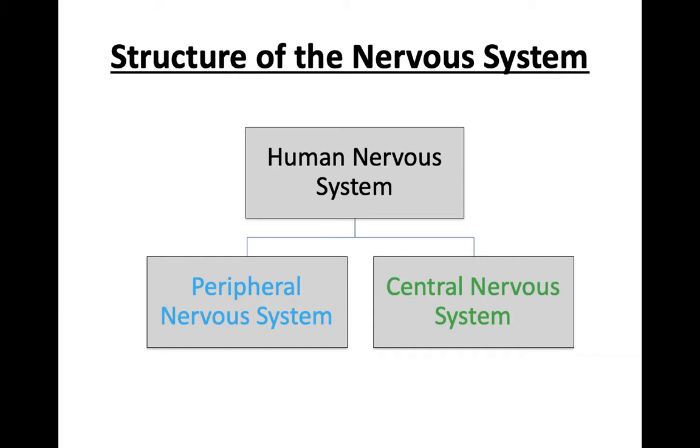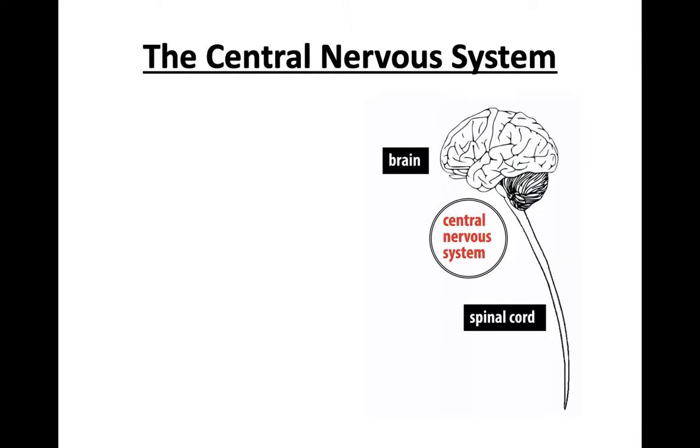So we can think of the central nervous system as really receiving sensory inputs and then communicating with the peripheral nervous system to either make voluntary movements or any involuntary action as well.